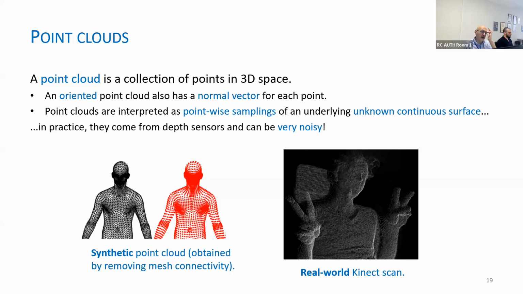But anyway, it is interesting because you have this dynamic flow of 3D points in real time. So this device is capable of providing a continuous stream of 3D points. And of course, this can also be very noisy.